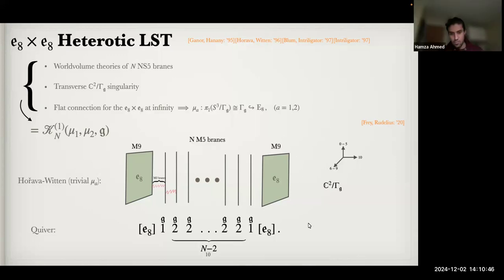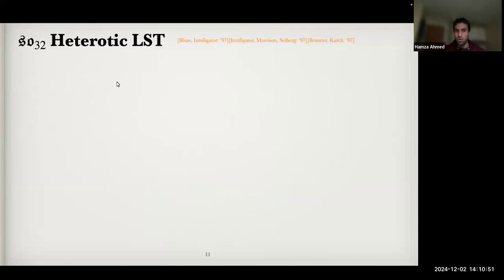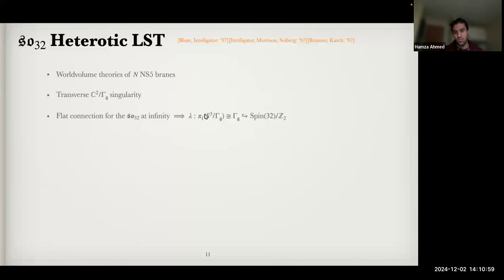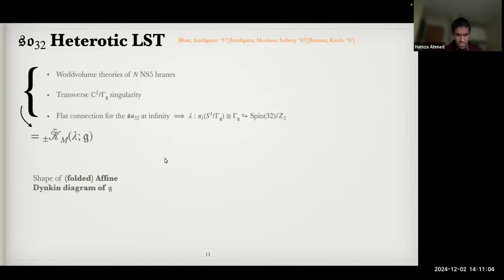Cool. So yeah, let me move on and then maybe we can talk about this later. Okay, so we have a similar story for the SO32 heterotic LST. Very similar, but now you of course have a choice for the SO32 bundle. In this case, however, it was shown a long time ago by Intriligator and Bloom that the theory you get is actually the shape of the quiver is the affine Dynkin diagram of your singularity type here, or its foldings.